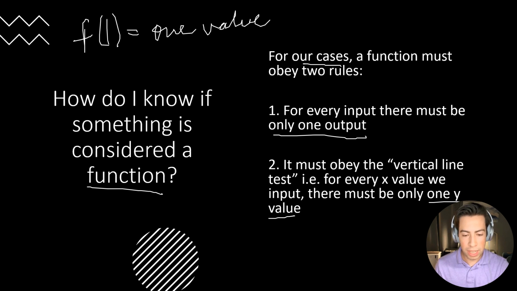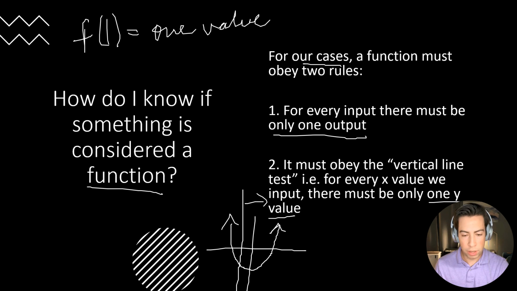So for example, okay, if I have a graph here, right, and I have a parabola that looks something like this, well, the vertical line test would basically just be me taking this vertical line and going back and forth. And as long as there's only one point that touches this vertical line at a time, then it's a function.